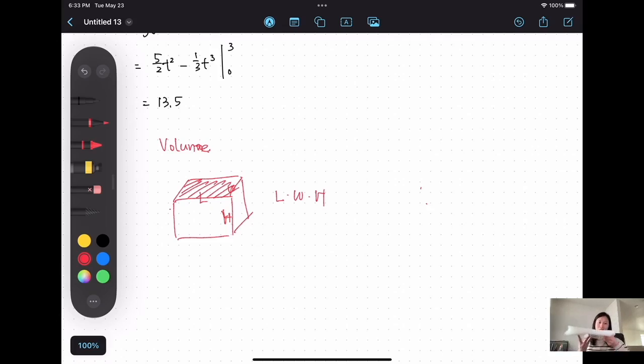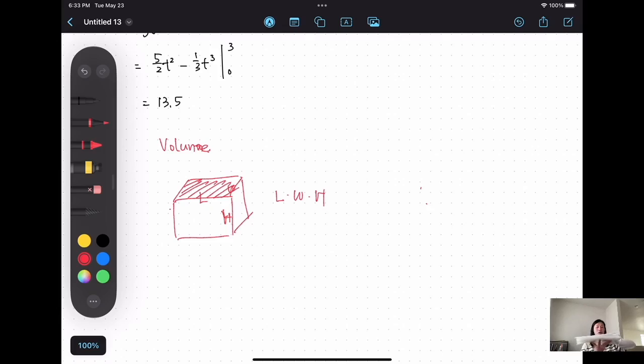So think about this stack. If I just have one piece of the surface, that would be the area of these surfaces. If I'm trying to find the volume of this stack, what I do is I'm just adding all of their heights together. They're stacking together, the sum of this height.